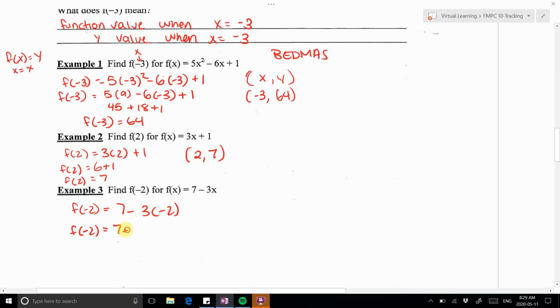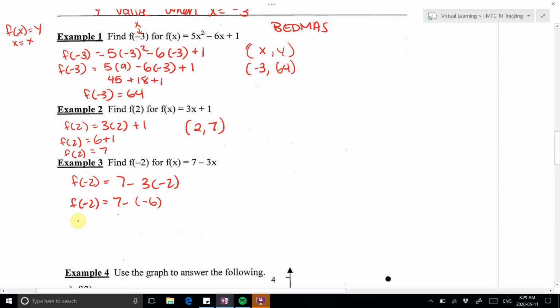So we're going to go 7 minus 3 times negative 2. There's 2 ways I can do this. I can go 3 times negative 2, or I can go negative 3 times positive 2. It's going to give me the same answer. So 3 times negative 2 gives me negative 6. And then addition, subtraction, 7 minus negative 6. Remember, minus a negative is the same as a positive. So that's like saying 7 plus 6, which gives me 13. So that means when x is negative 2, y is 13.